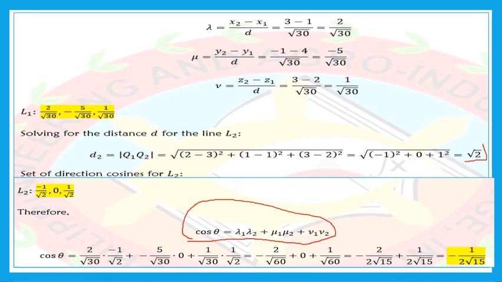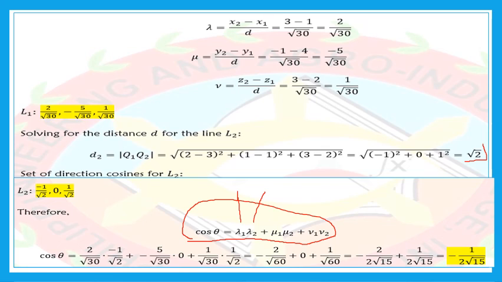Therefore, this is the formula mentioned in the theorem earlier. Cosine theta is equal to lambda sub 1 times lambda sub 2 plus mu sub 1 times mu sub 2 plus nu sub 1 times nu sub 2. So, it is just substitution. For subscript 1, we take the result for L sub 1, and if the subscript is 2, we substitute the result for L sub 2, or line 2.